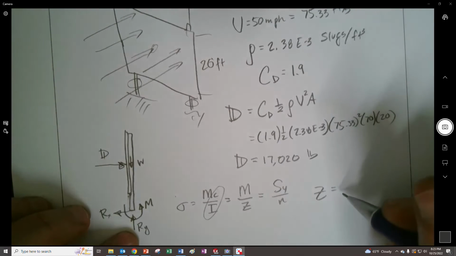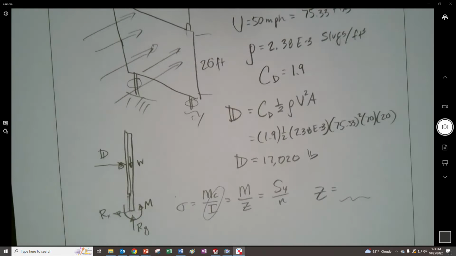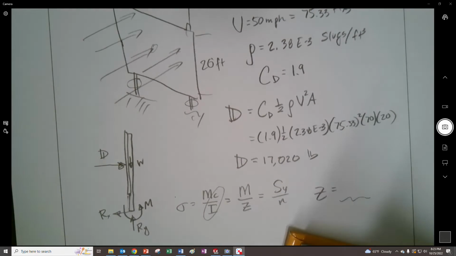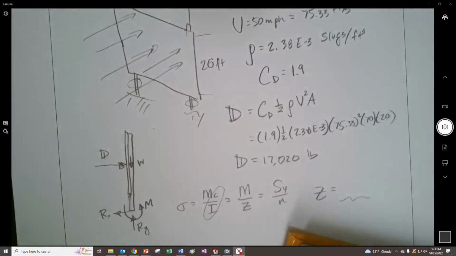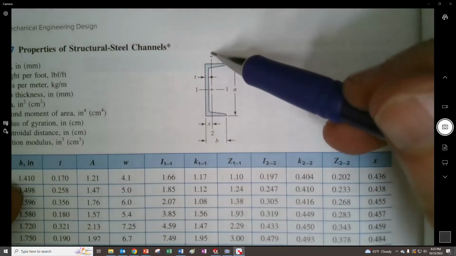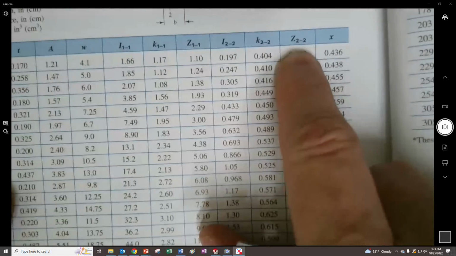Anyway, the Z we could get maybe in the back of Shigley for a particular shape. Probably not a very good candidate, but maybe we would pick a channel, and we'd probably want to use it about the 2-axis. So we would be able to pick something along these lines right here.